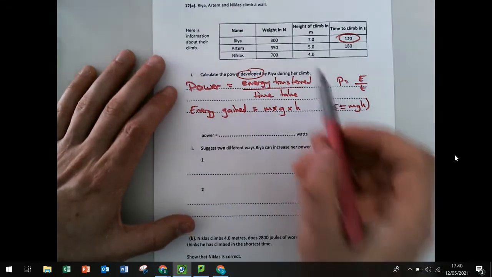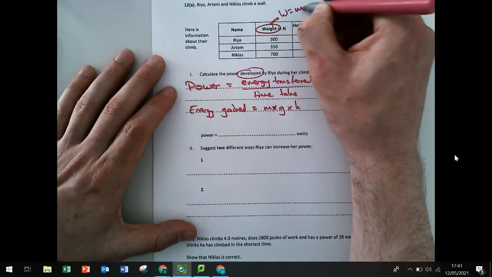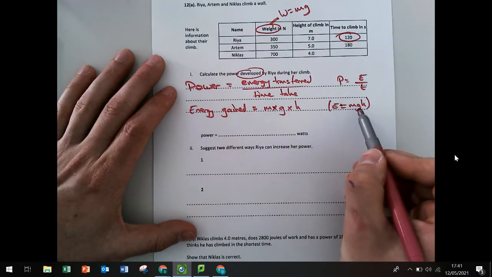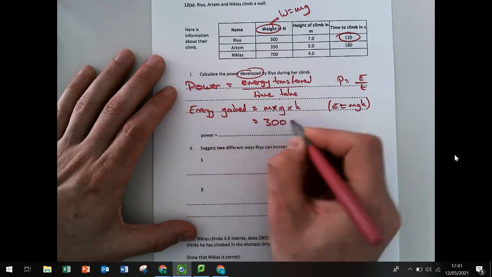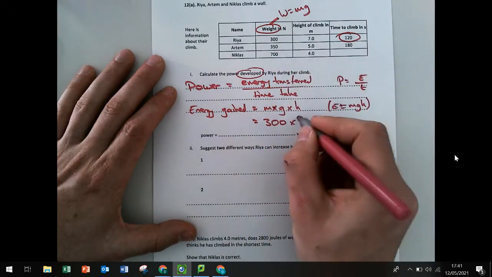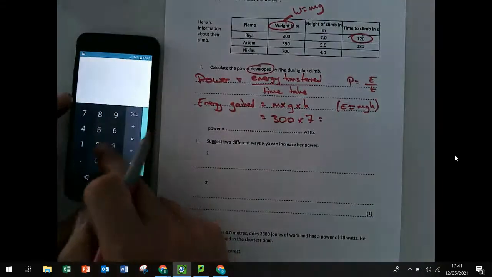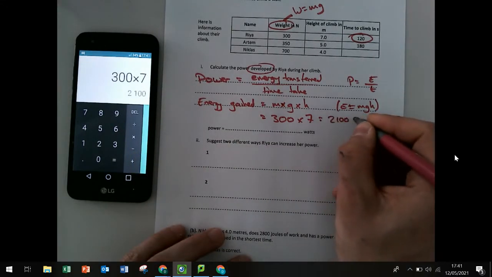And we should realize that weight here equals mass times gravity. So we've actually already got mg here. So the energy gained is the weight, 300 newtons, times the height, which is 7. So this equals 300 times 7, which is 2,100 joules.